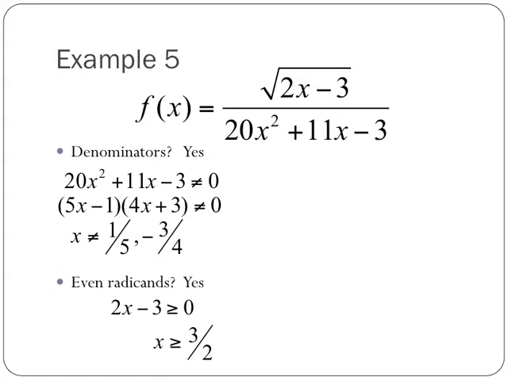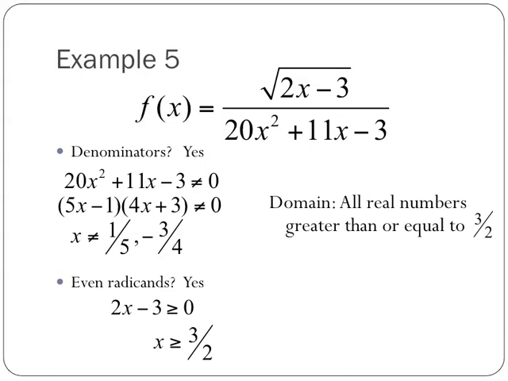So even putting both of these together, we can simply say that the domain is all real numbers greater than or equal to 3/2. We can just say from 3/2 to infinity, with a square bracket on 3/2 when we write this in interval notation, and we don't have to worry about the 1/5 and the negative 3/4 because neither of those are in that interval.